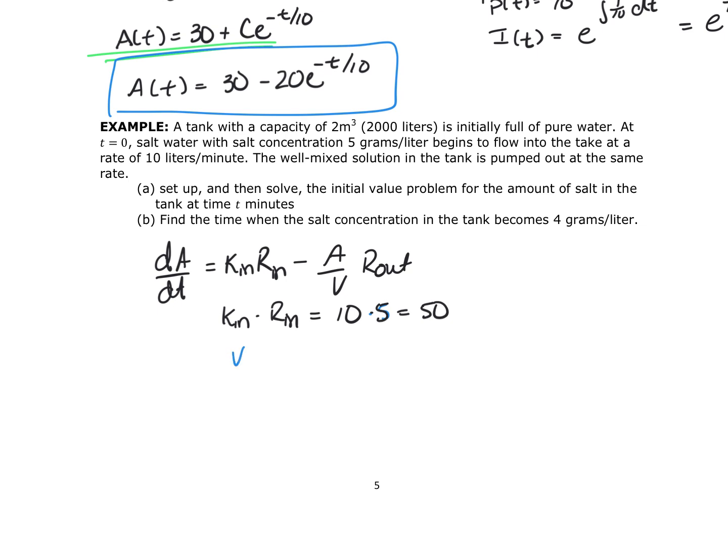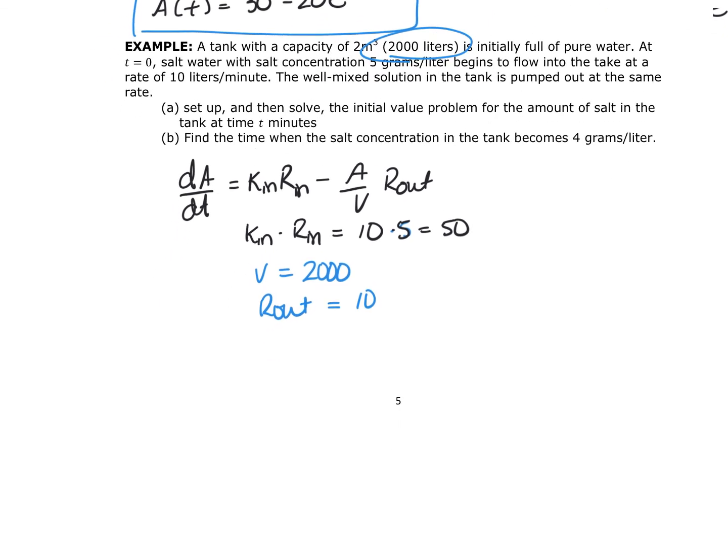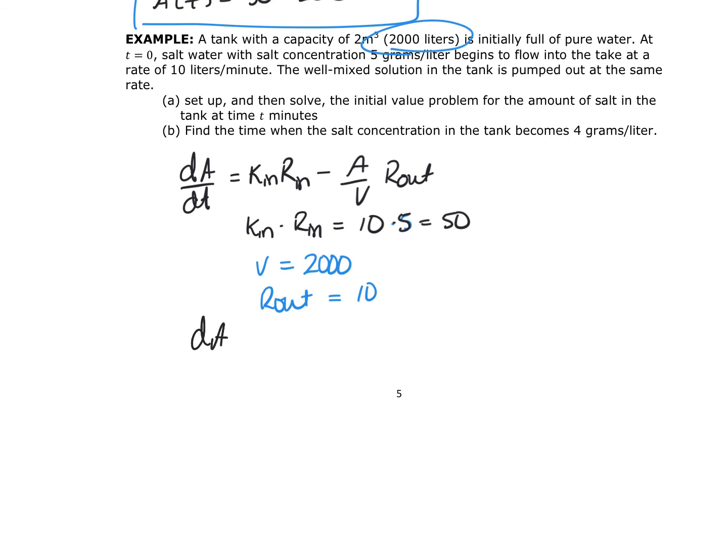My initial volume is 2,000 liters, so that's 2,000. And my R out is the same as R in, so that is equal to 10. So where I am now is dA/dt is equal to 50 minus A over 2,000 multiplied by 10.